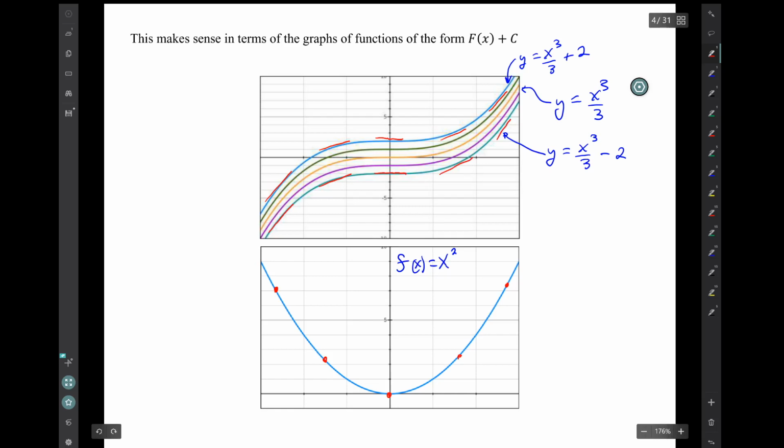So if you find the numbers that are the slopes of the tangent lines on one of those graphs above, at each x value, that number is going to be the same as the slope of the tangent line on all those other graphs above. So all of those graphs above will correspond to the same derivative graph down below.